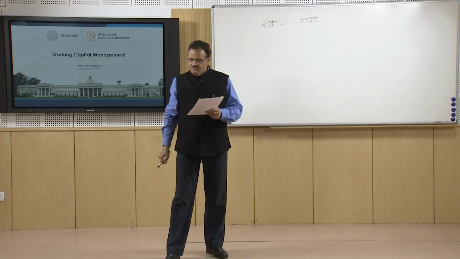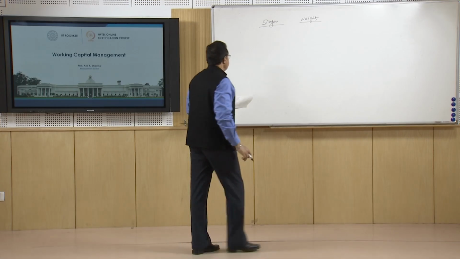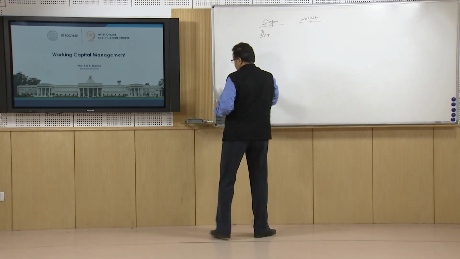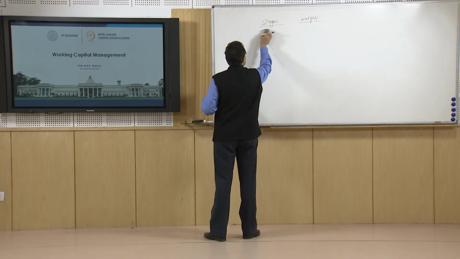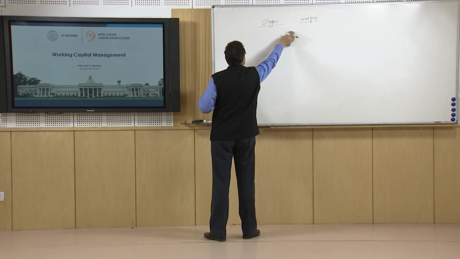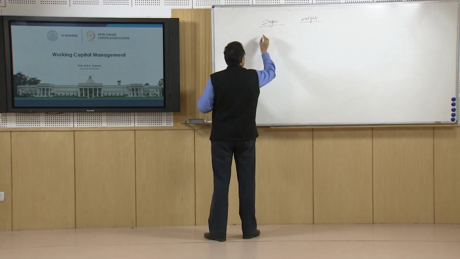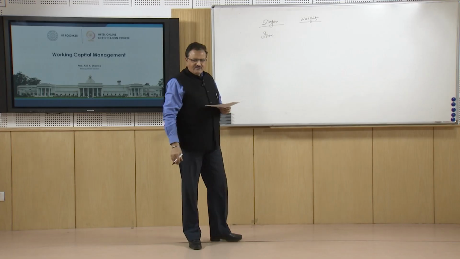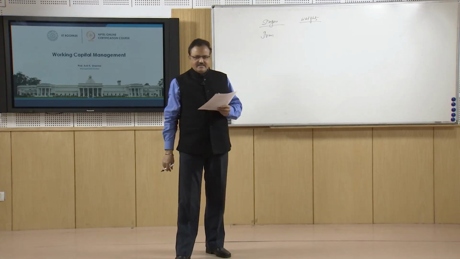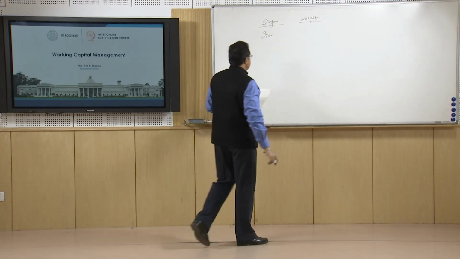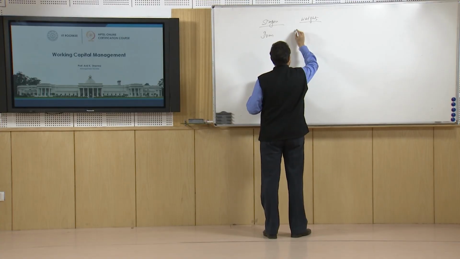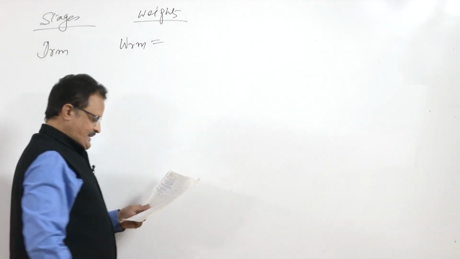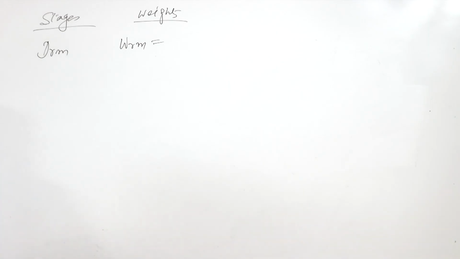First stage for us in the operating cycle is the DRM, duration of the raw material. We know how to calculate DRM. Now, we will learn how to calculate something called WRM, the weight of the raw material.